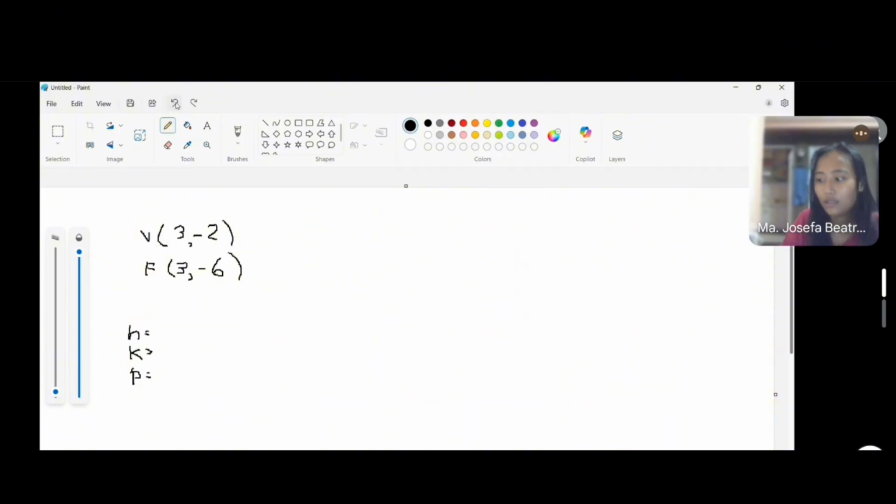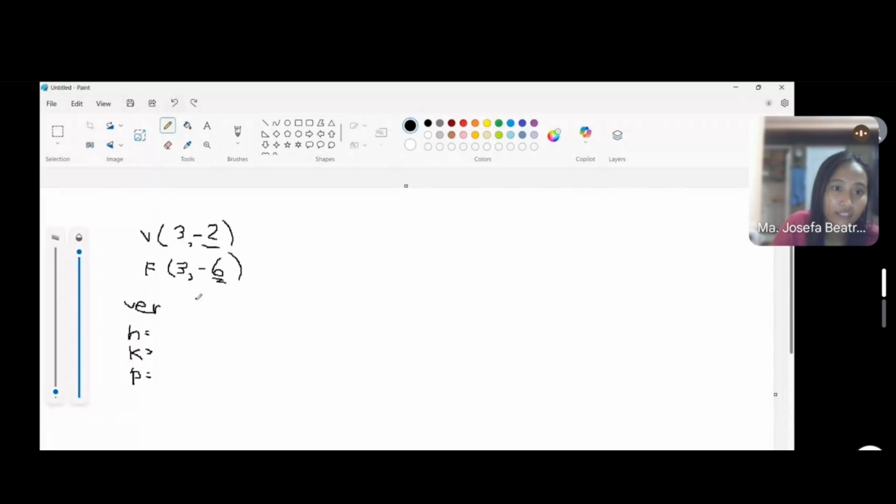So since the vertex is given, we can easily identify our h and k. So we'll just copy them. But first, as we observe, depending on our given, which is the vertex and focus, our y or k variable changes when it comes to our focus. That simply means that we are dealing with a vertical parabola. So let me just write it down and then continue now.